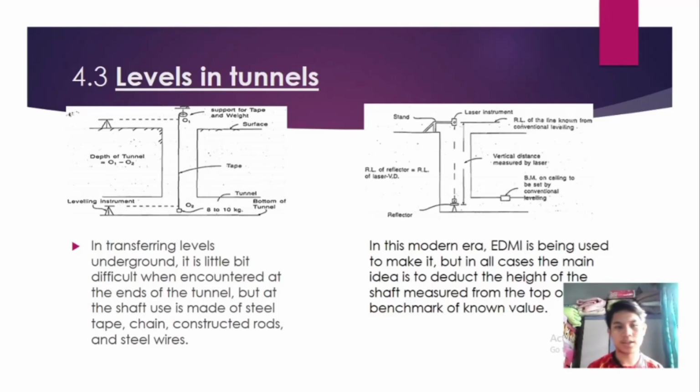The picture on the left shows how to use the tape. The tape is up on the top, and the leveling instrument from the upside and the downside is used to determine the measure of the tape.